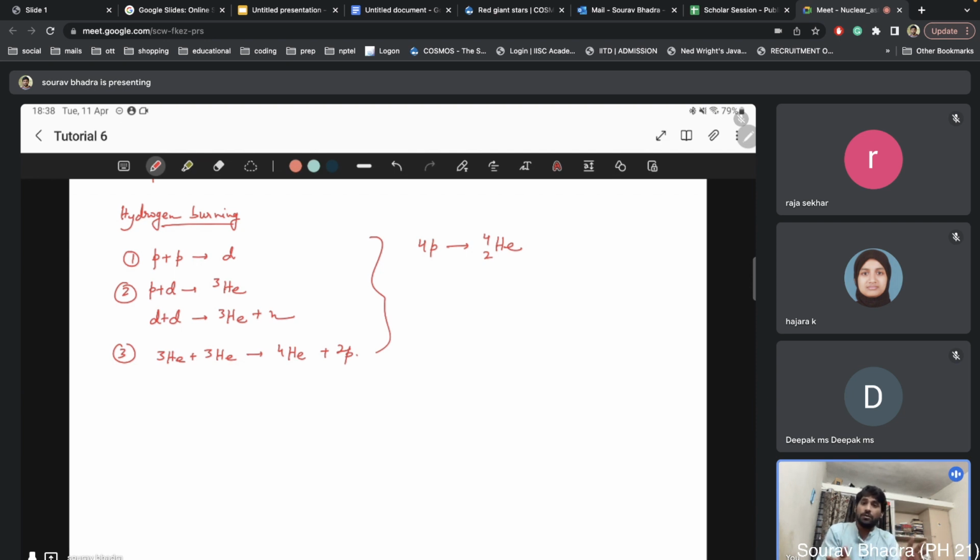So the CNO cycle is not carbon burning or nitrogen burning, so don't confuse these two things. It can happen in other stages also. This is entirely different.